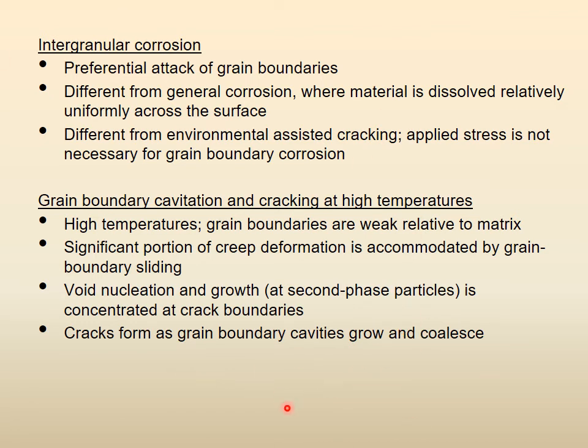Grain boundaries are there, but here or here or here on the grain boundary there is a second phase particle. So on those second phase particles, cavitation will happen, implosion, bursting inwards, and then those cracks will be formed, and they will start to grow. So these are the mechanisms of the last type of failure, intergranular failure. Okay.